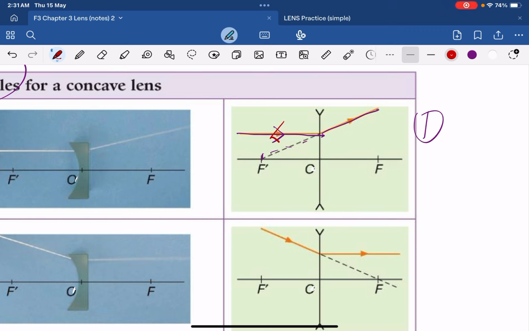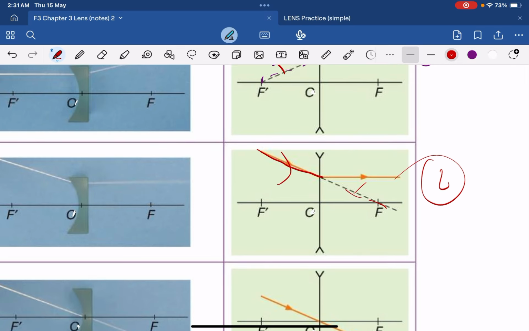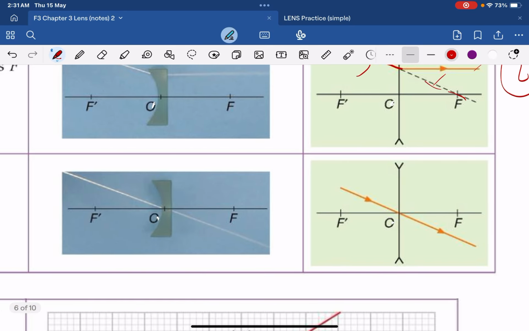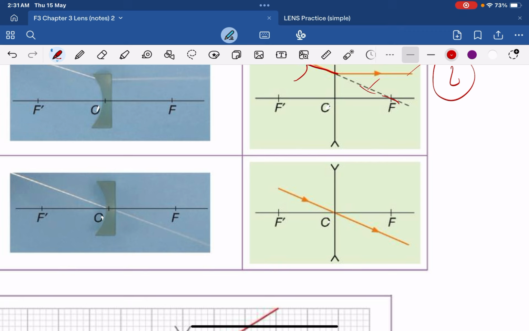So if the light ray points towards the focus, you give a horizontal line. And the last one: if the light ray enters the center of the lens, it will be a straight line with no bending. No bending, just a straight line. Okay? Rule 3.